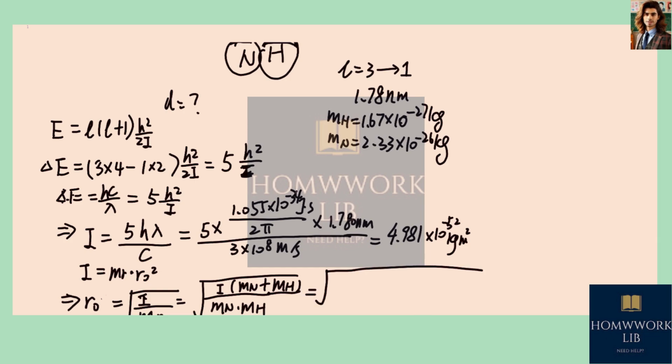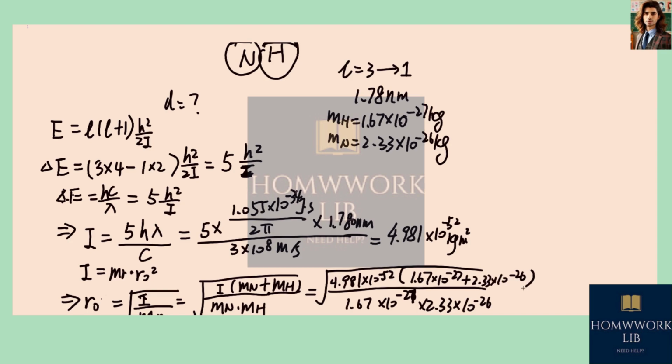Now if we put in everything, we get 4.981 times 10 to the negative 52 over 1.67 times 10 to the negative 27 times 2.33 times 10 to the negative 26, and here we have them added together, 1.67 times 10 to the negative 27 plus 2.33 times 10 to the negative 26.